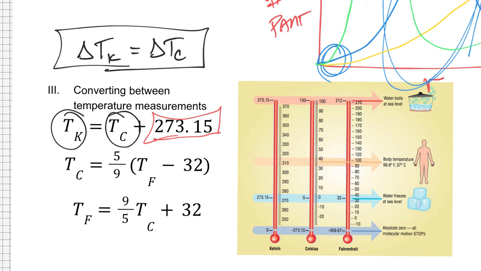So this is an important factor that's going to come into play as we move throughout the thermodynamics concept, where if we just need the change, whether it's Celsius or Kelvin, we don't have to convert it because we know a 30 degree change in Celsius is equal to a 30 change in Kelvin as well.